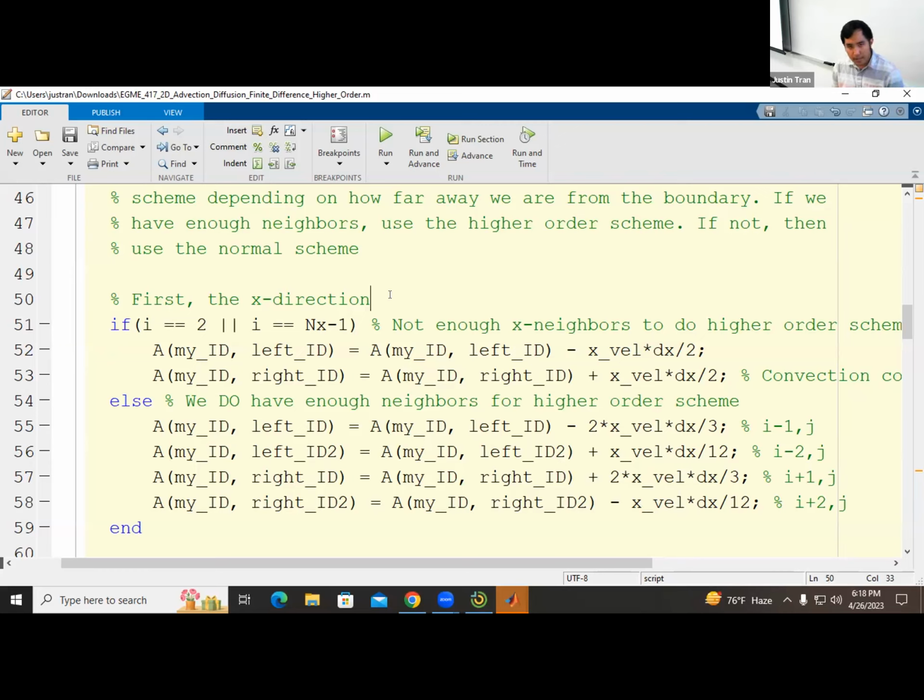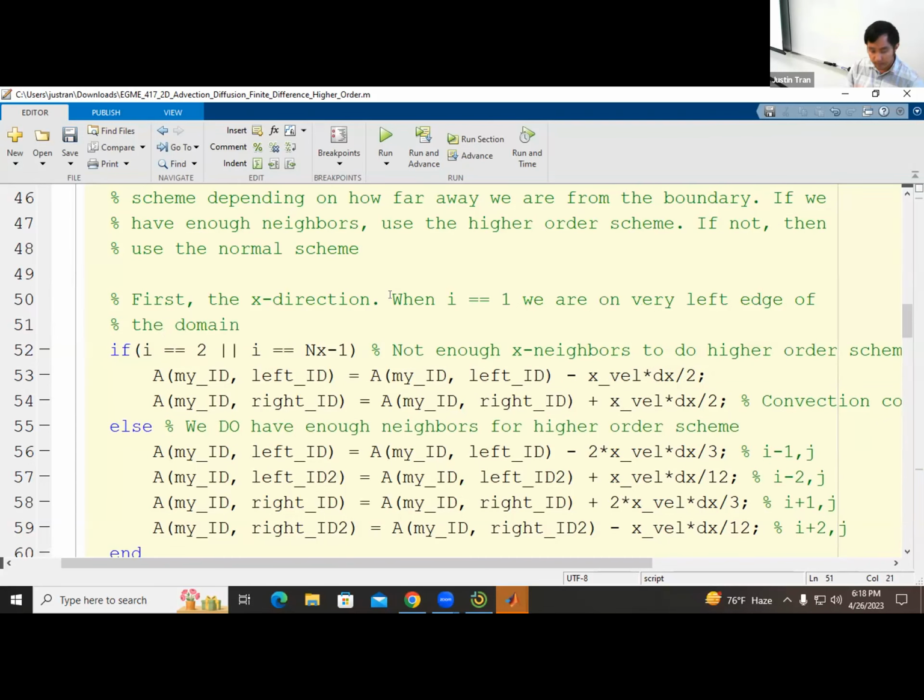Let me pause here for a second. When i is equal to 1, that means we're on the very left edge of the domain, which is essentially where we're going to apply our boundary conditions.